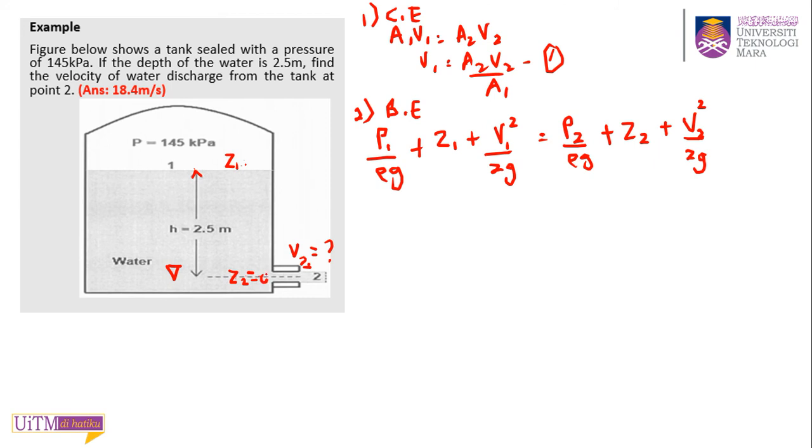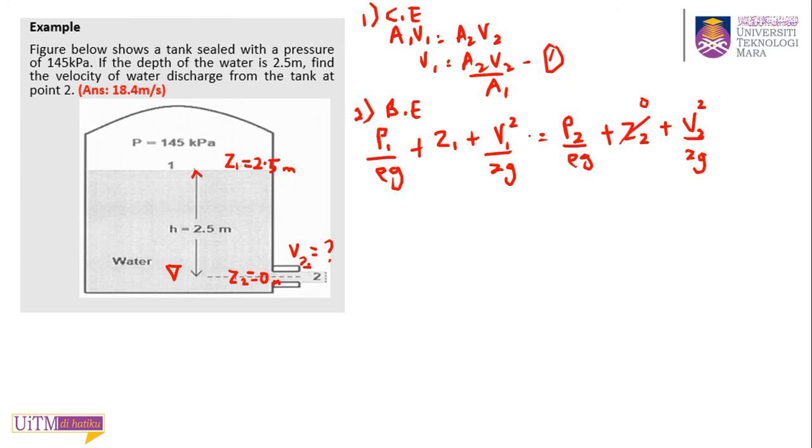The difference between Z2 and Z1 is 2.5, so Z1 is 2.5 meter and Z2 is 0 meter. So Z1 and Z2 cannot be cancelled out, but you can say Z2 is 0.